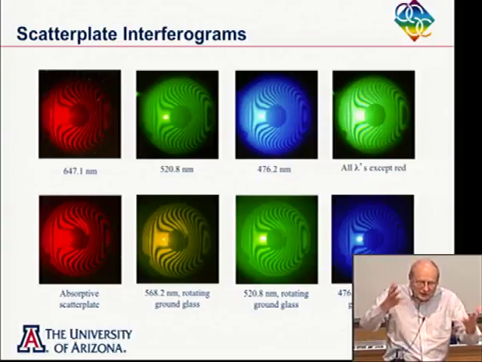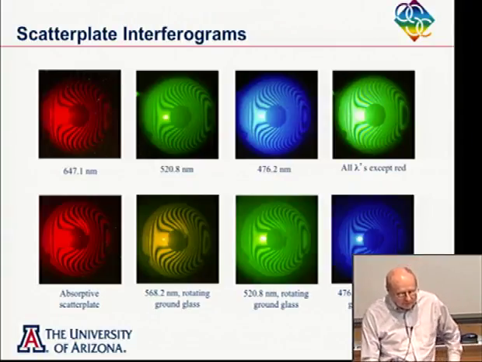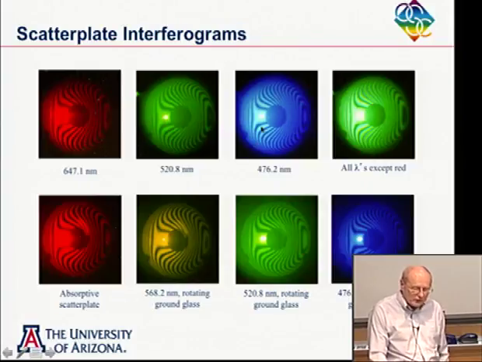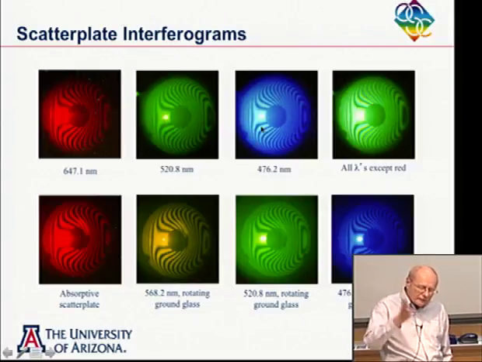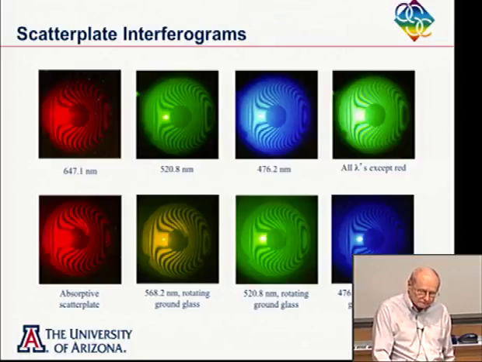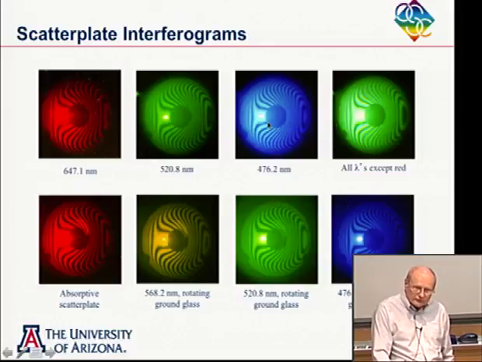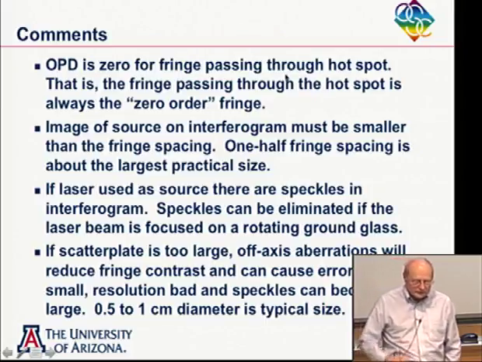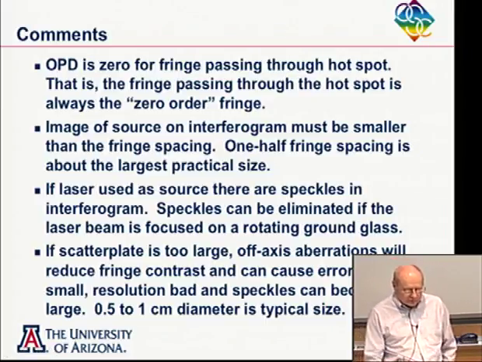And so it makes sense that the image of the source in this interferogram has to be smaller than the fringe spacing, and something like a maximum size of 1/2 a fringe spacing is probably a good answer. So you understand physically why that makes sense, and it really goes back to the point that I was emphasizing at the beginning about the hot spot always has 0 order fringe going through it.